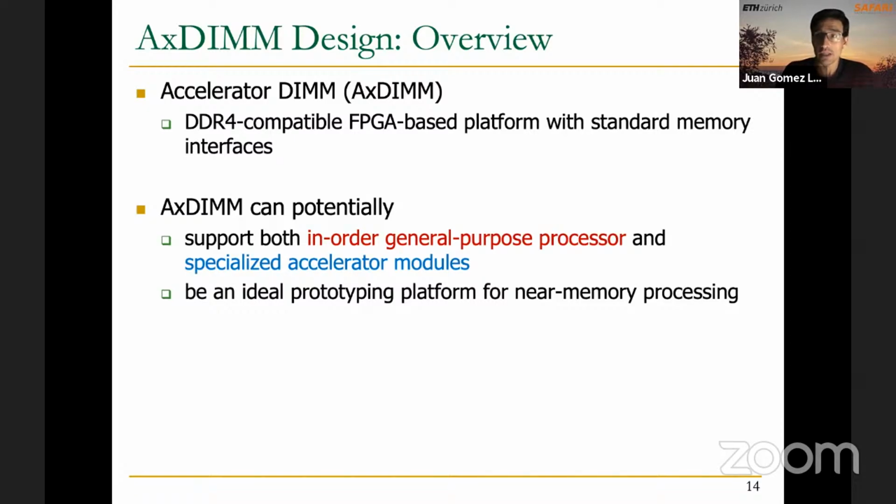And this is potentially possible because the system itself, the AxDIMM itself, can support specialized accelerator modules, as in the case that we are analyzing today, but it can also support in general, in-order general purpose processors, probably something simple like ARM cores, or maybe something similar to the architecture of the UPMEM GPUs.